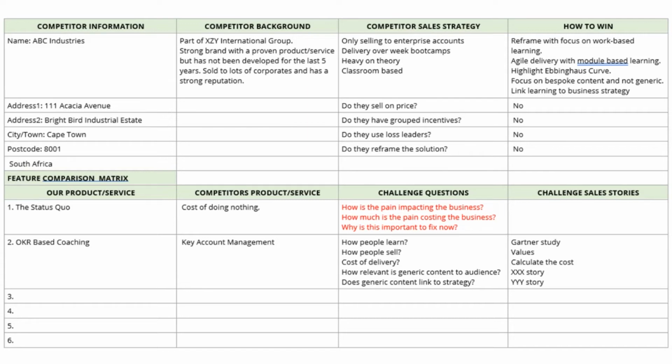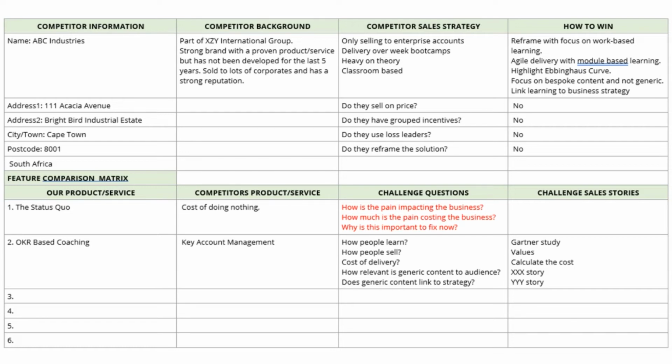Moving down in terms of the product service, oftentimes we see people ignore number one, which is the status quo. In many cases, big enterprises and even smaller companies, I would suggest, actually go to market to try and purchase something, but then they end up sometimes buying nothing because the change was just too difficult for them.